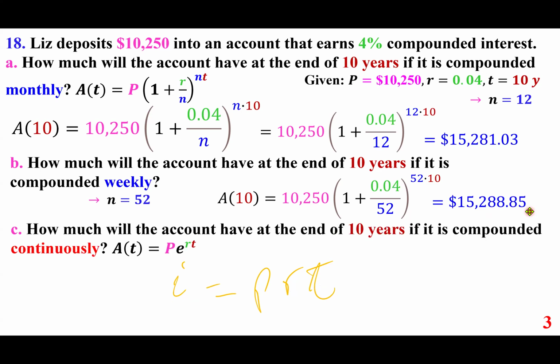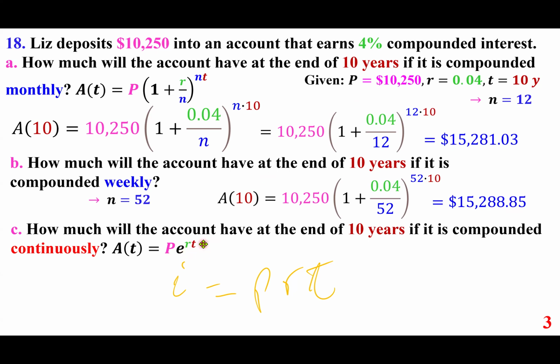Now, how much will the account have at the end of 10 years if it's compounded continuously? The formula is A of t equals P e to the power of RT, where we have the same P, the same R, the same T, and e is the base of the natural log, 2.718, and it continues indefinitely. So we replace the P with 10,250. e is an exact answer.